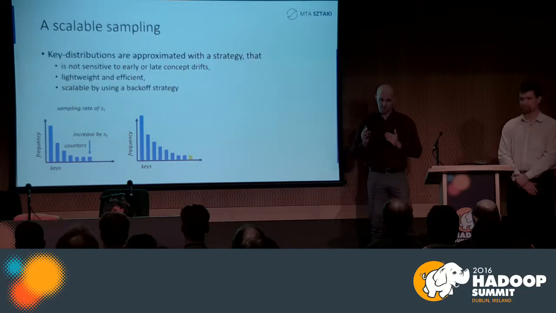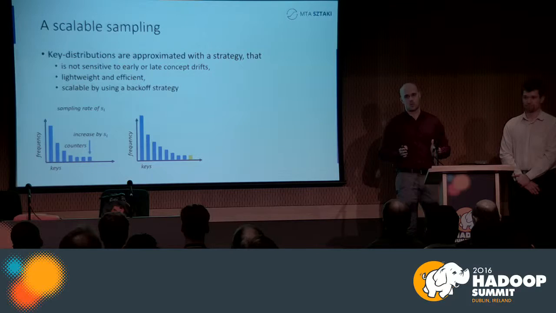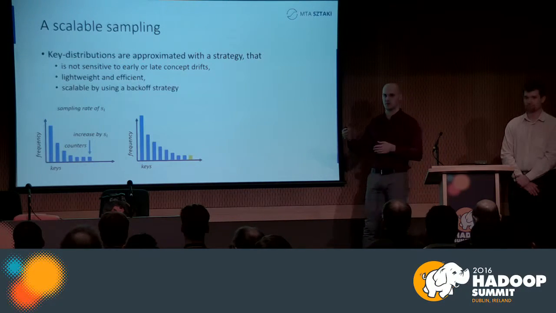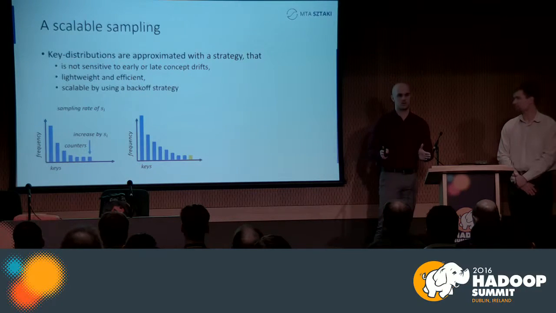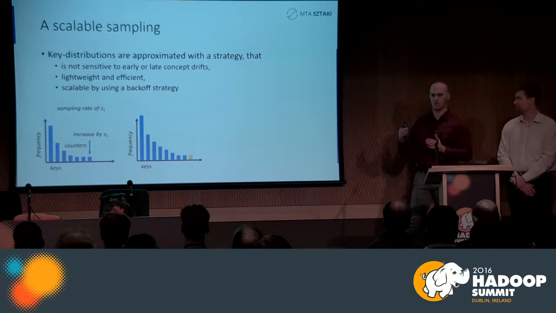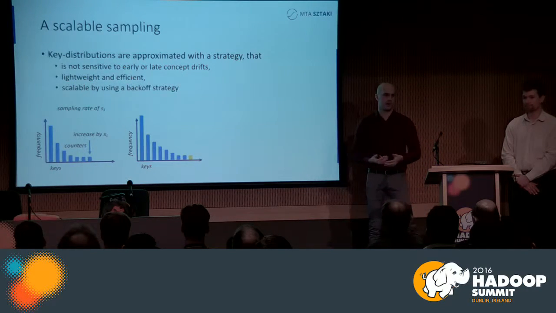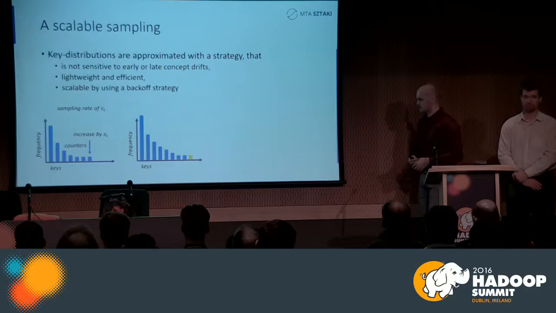The other thing is that because we would like to handle the data skew, we are not concerned about all the trashy keys. We are just concerned about the prominent keys, the heavy keys, and the heavily loaded cells, for that matter, if we are in a telecommunication use case.